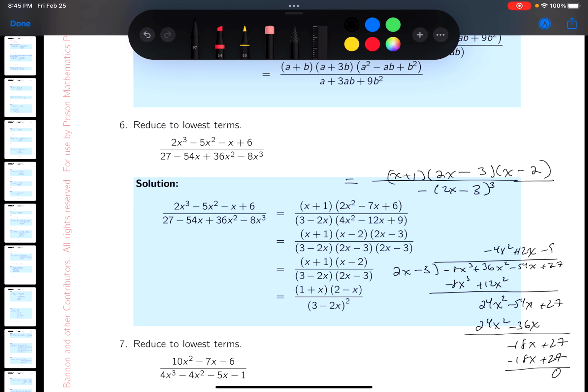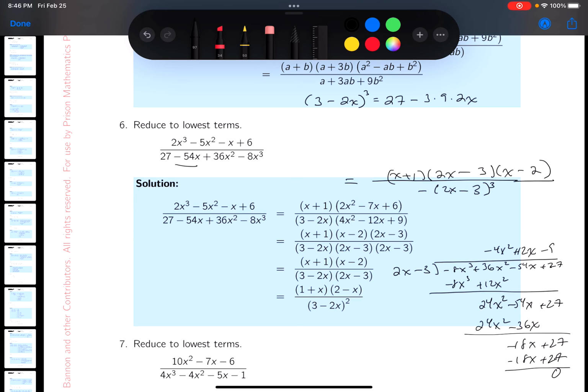Now, what I mean by that is this looks like an expansion of 3 minus 2x cubed. You'd get 27 minus, you would get 3 times 9 times 2x.